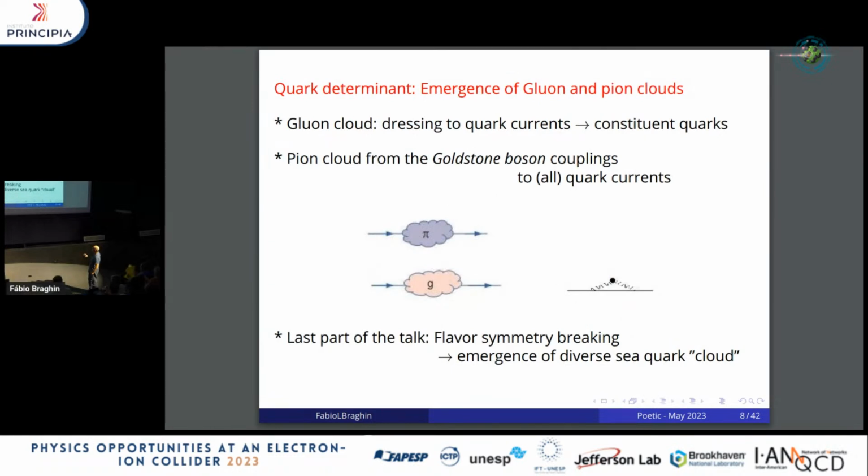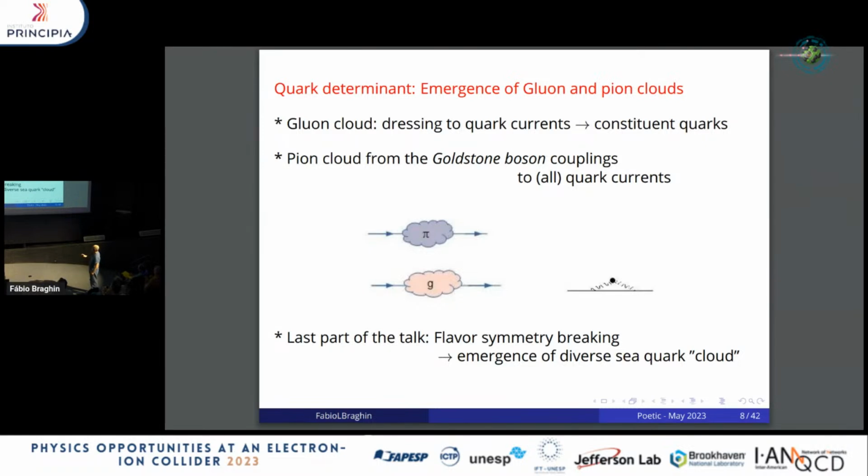So this is the picture. We start with this quark determinant, then the gluon cloud dresses the quark currents that give rise to dressed or eventually constituent quarks. And then by using the Goldstone theory, the light pseudoscalar mesons, the quark-antiquark states, give rise to a pion cloud, and then we have this sort of contributions for the constituent quark: the gluon cloud and the pion cloud.